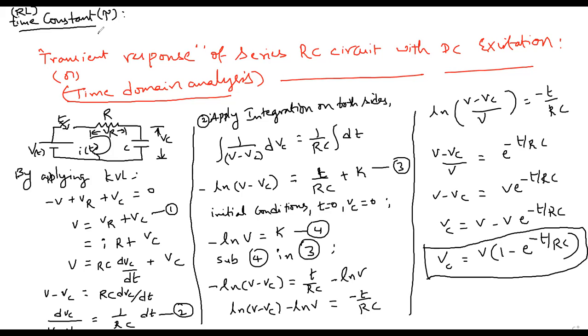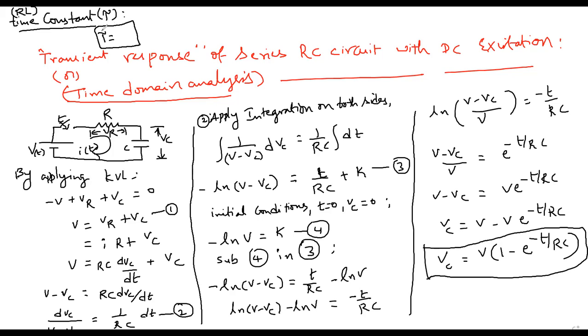Now, what is the formula for tau? Tau equals to, how can we represent it in mathematical form?